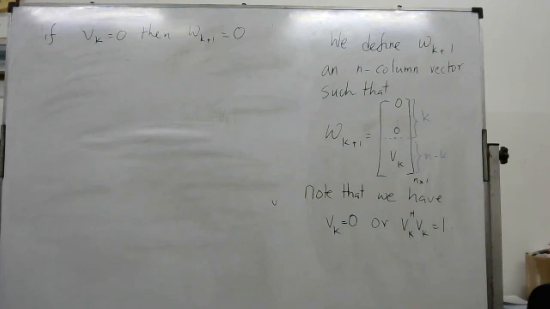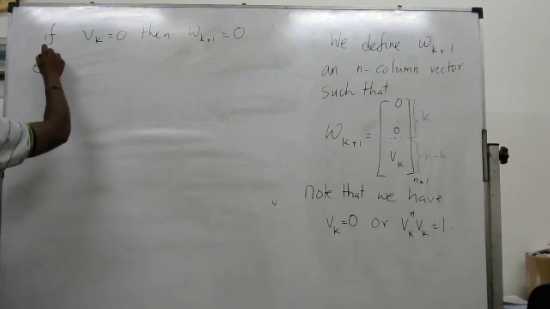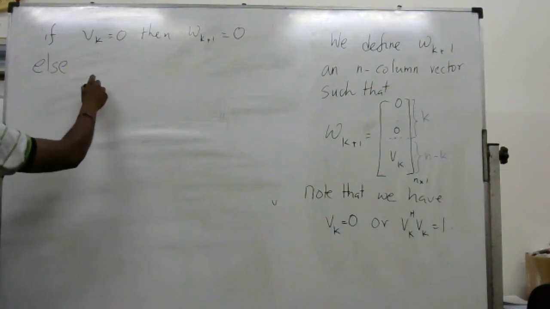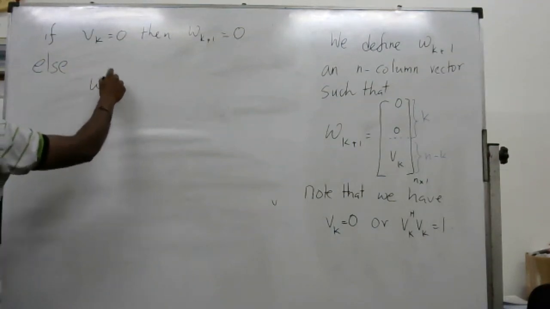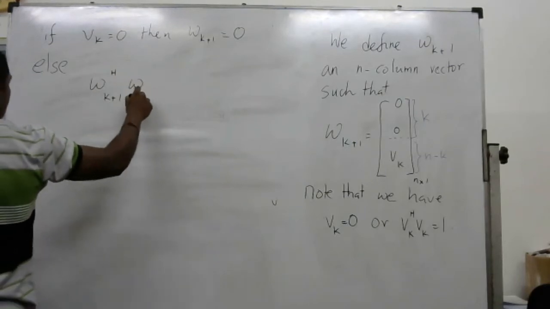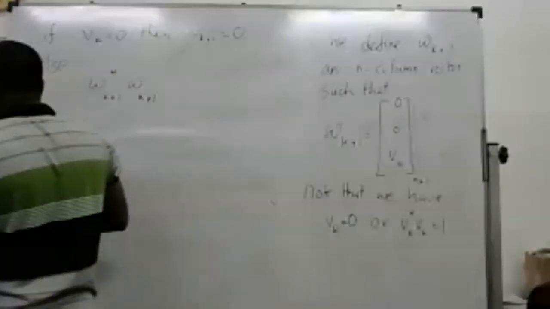Okay. So now, if Vk is 0, then omega k plus 1 will be 0. Else, you have to compute omega k plus 1 Hermitian times omega k plus 1.